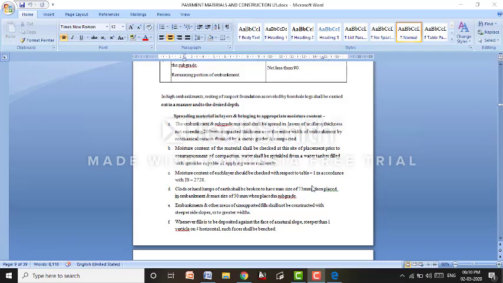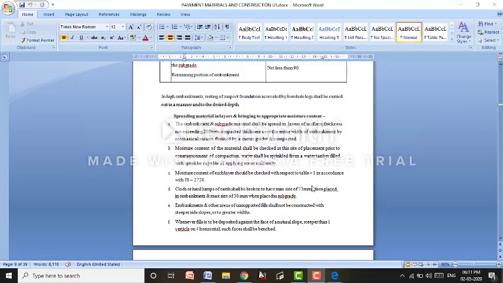This motor grader is the one which helps to spread the soil to the required slope. The grader has maximum features. It can grade the soil for the required slope and required thickness.